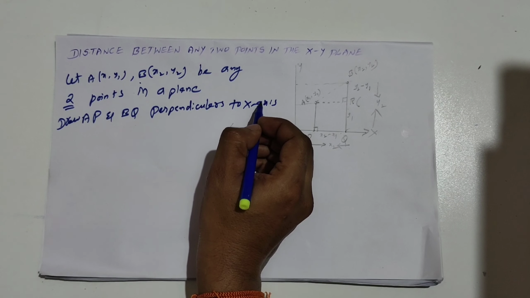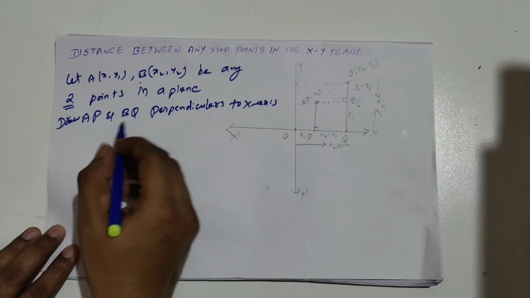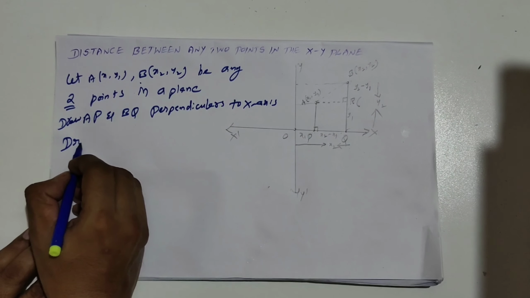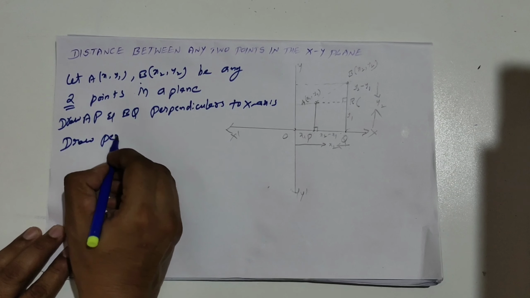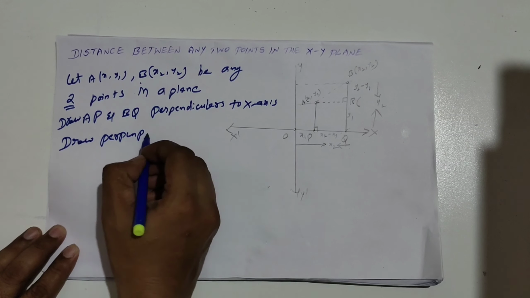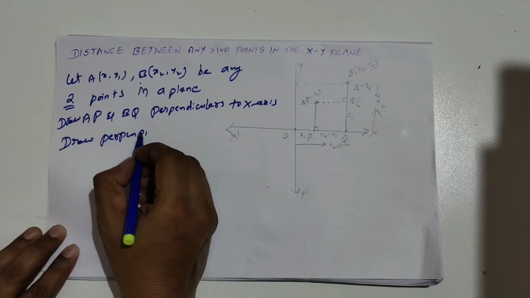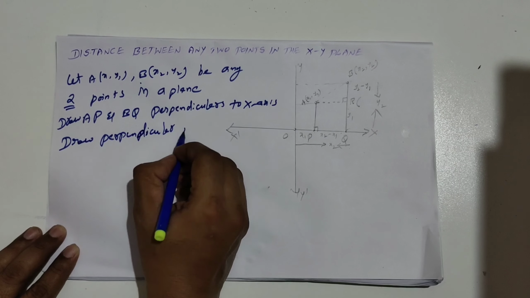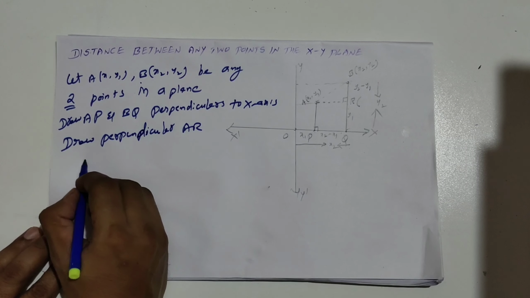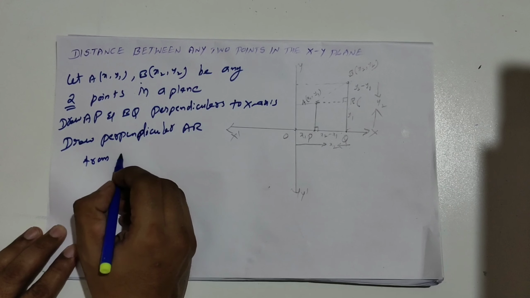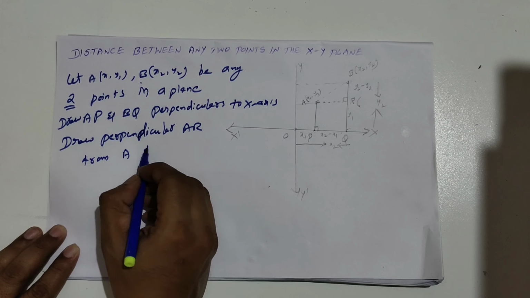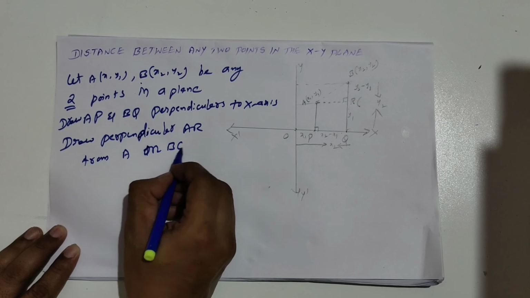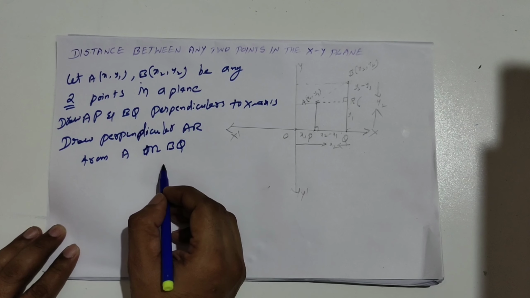Now draw perpendicular AR from A on BQ. Already we drew that one.